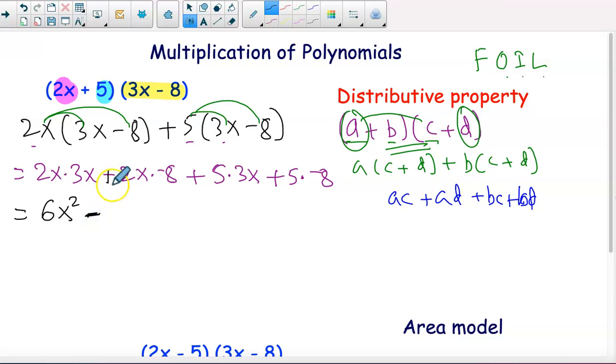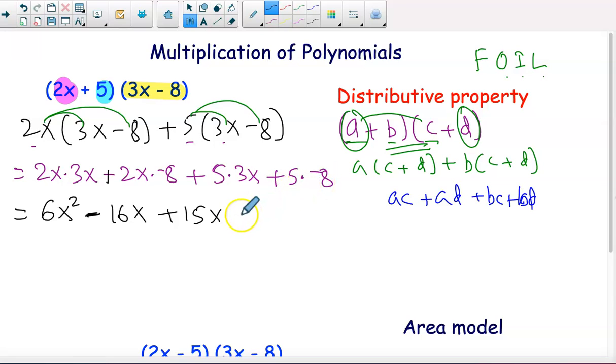Plus times minus is a minus, and 2 times 8 is 16 and then x, because I already took the negative sign into consideration. Then you have 5 times 3x, 5 times 3, that is 15x. No trouble with the sign here because both are positive.